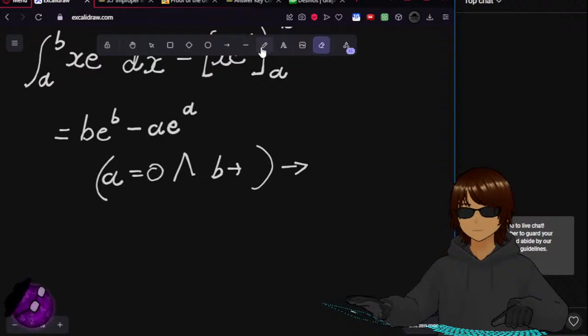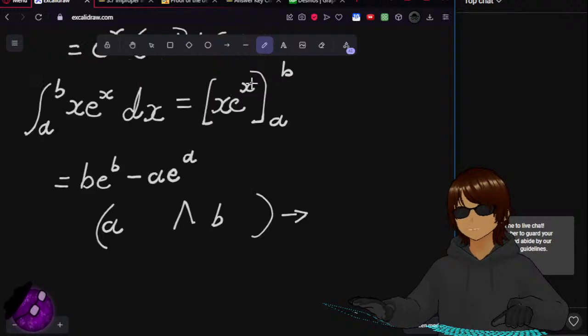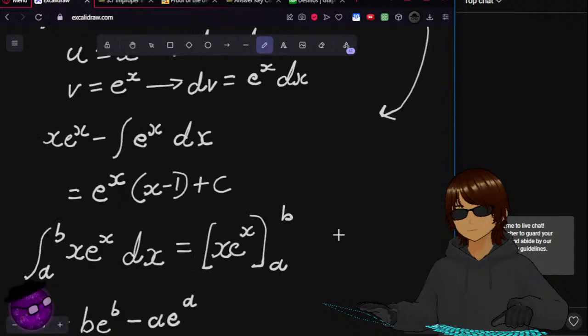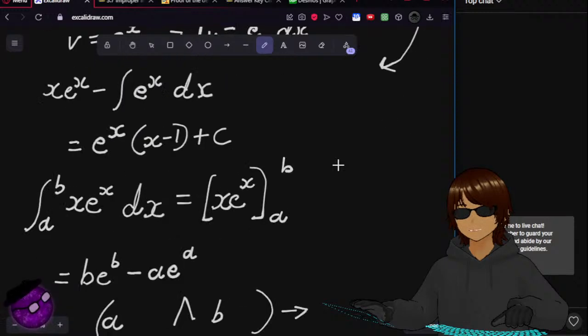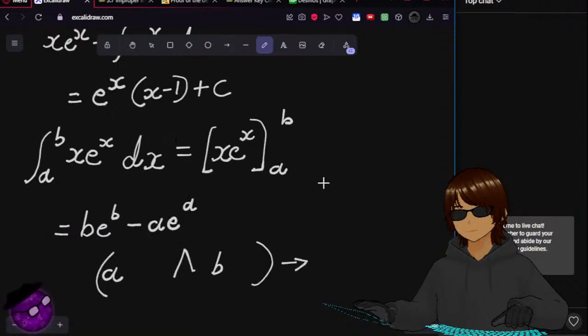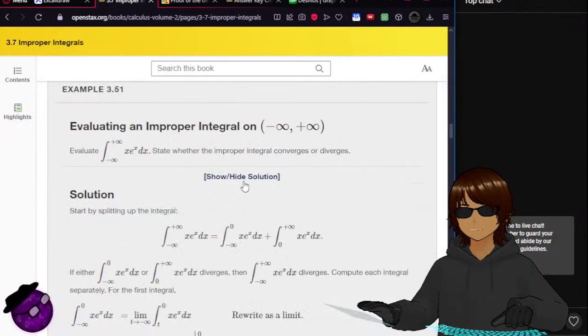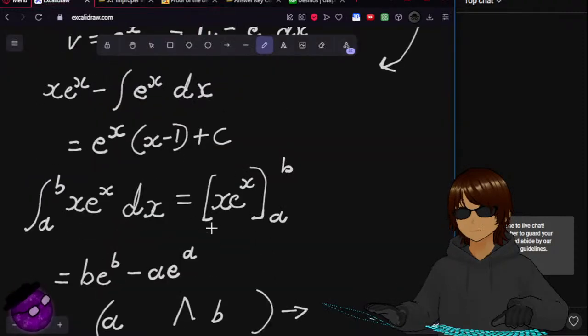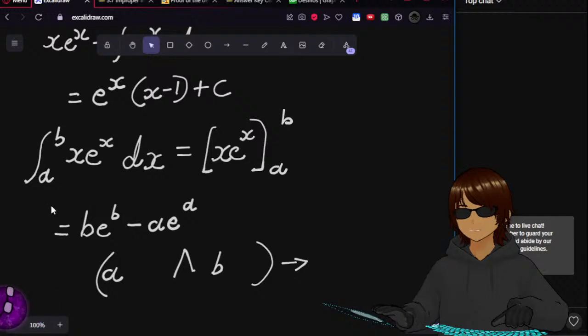But if b is 0, wait a minute. If I do ab plus bc, it diverges, right? Oops, no, I wrote the wrong thing.